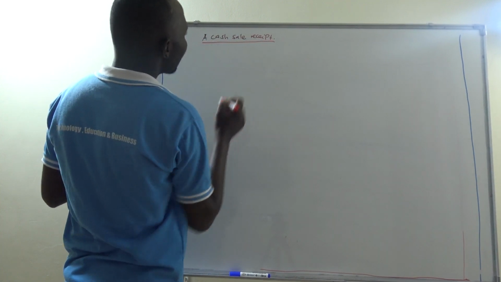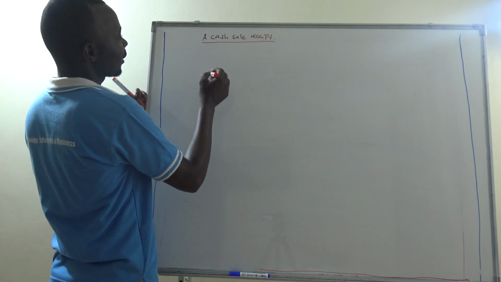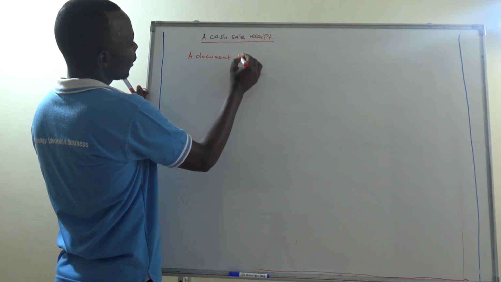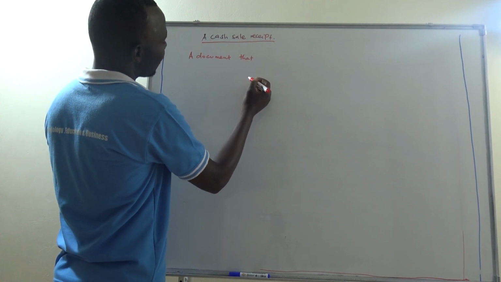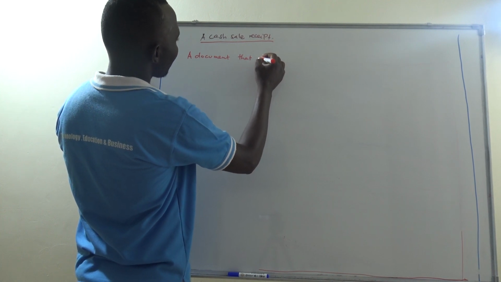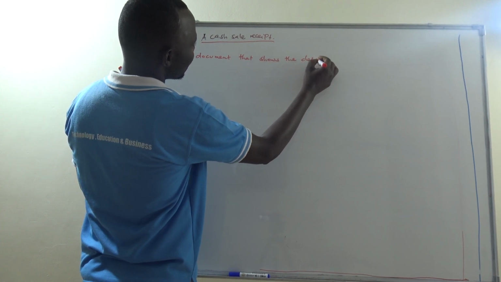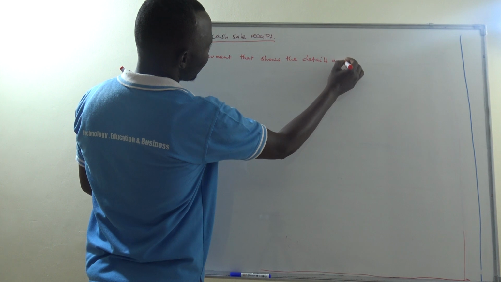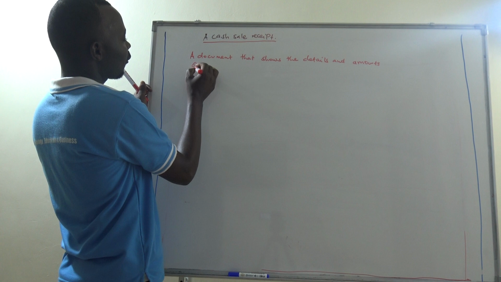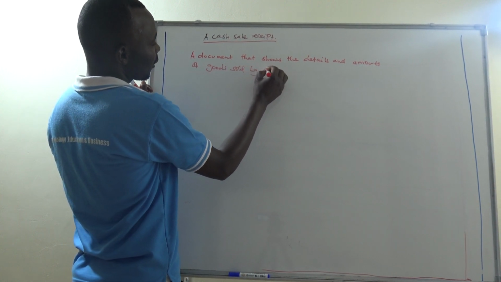Now, this cash receipt, we said that it is a document that shows the details and the amounts of goods sold by a business.